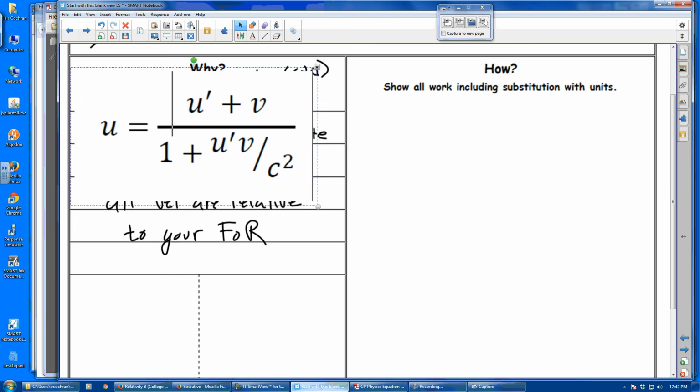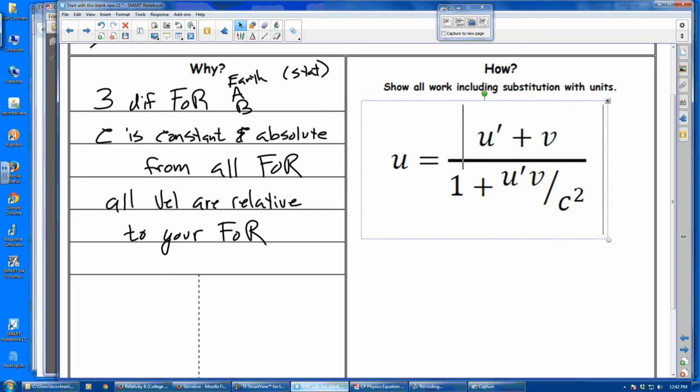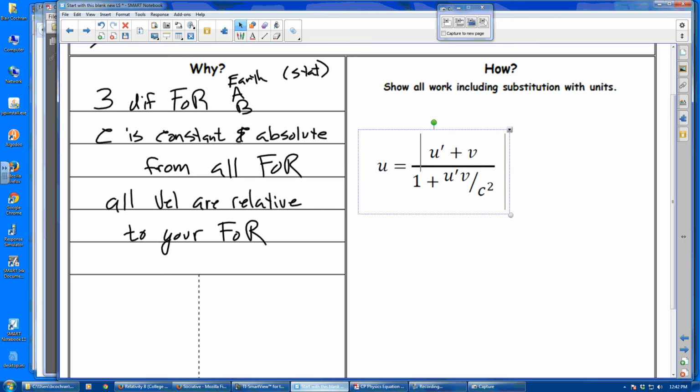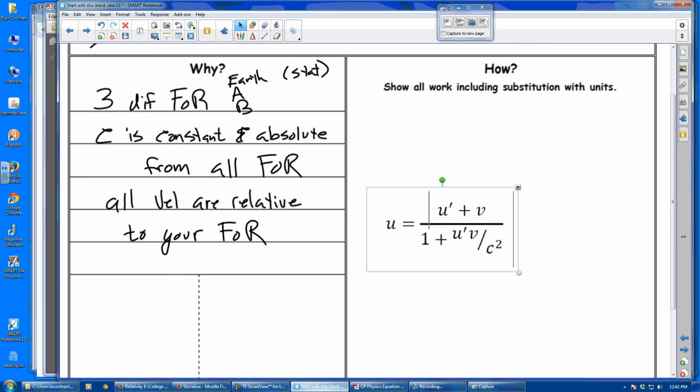So anytime I know I have relative velocities, this is the equation I'm going to use. A couple things I need to set out before I get going: since Earth is a stationary frame of reference, anything without a tick mark is from Earth's frame of reference.